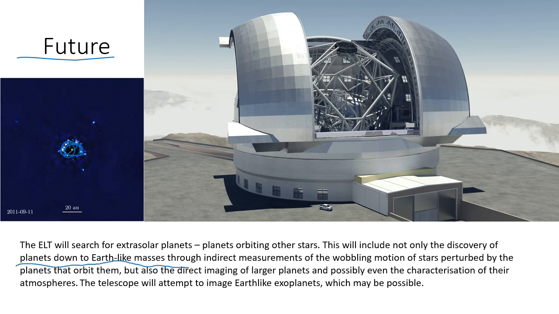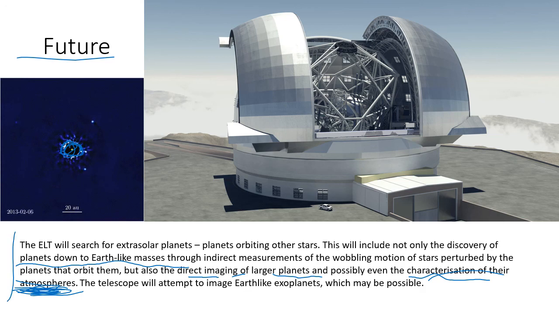And possibly to get direct images of their atmospheres and characterization of their atmospheres, because the best way to tell whether there's life on another planet is from looking at its atmosphere. The Earth's atmosphere is unique in having all this free oxygen and not having a whole lot of carbon dioxide because of the action of plants. So if we find other planetary atmospheres that have got a lot of oxygen and not that much carbon dioxide, we can be pretty sure that plants are doing very much the same thing on those planets.